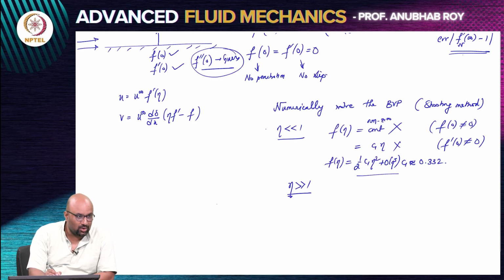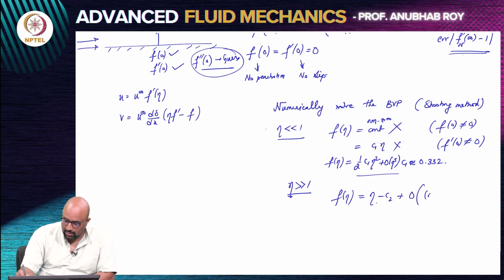Now, if f dash of eta goes to unity, that means f of eta would go to a linear function, because for f dash of eta to go to a constant for large eta, f of eta should be a linear function, and then you have subsequent corrections to that linear function. So, these again you can work out, the asymptotic form of these constants. So, C2 is also approximately 1.72.